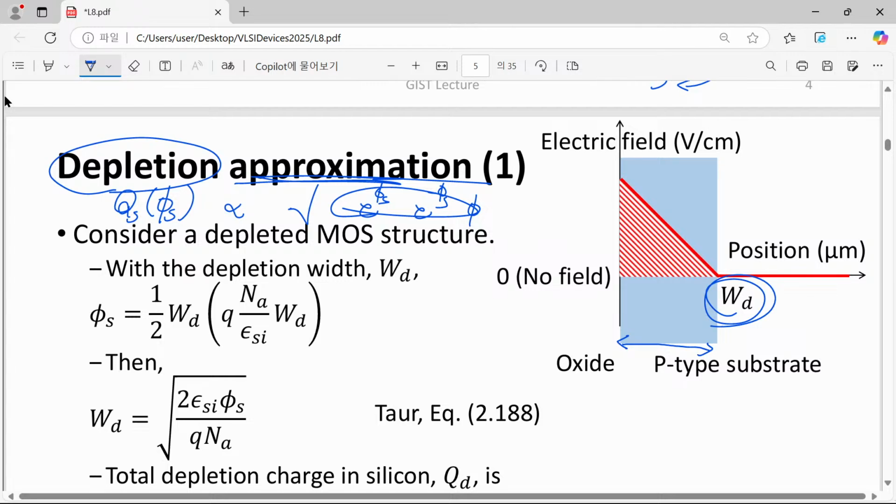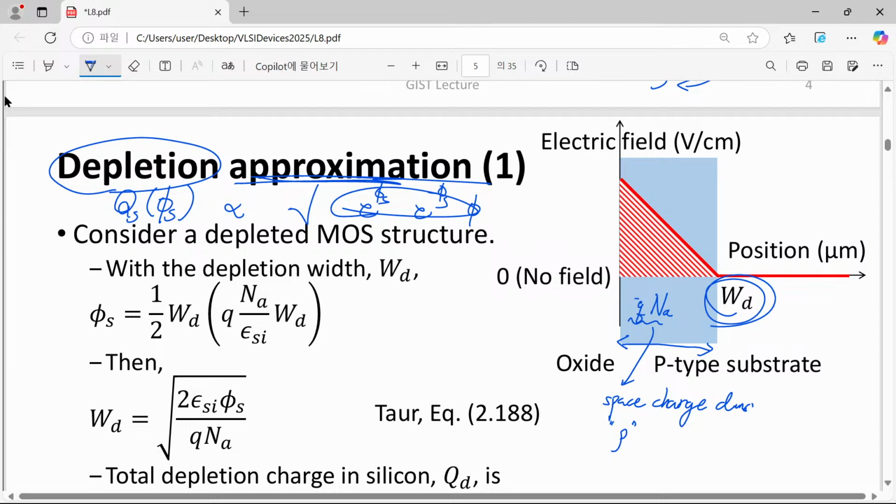So since we have Na and it is negatively charged, now we have minus Q times Na as a space charge density. So in other words, our rho is given as minus Q times this number. So then what will happen?